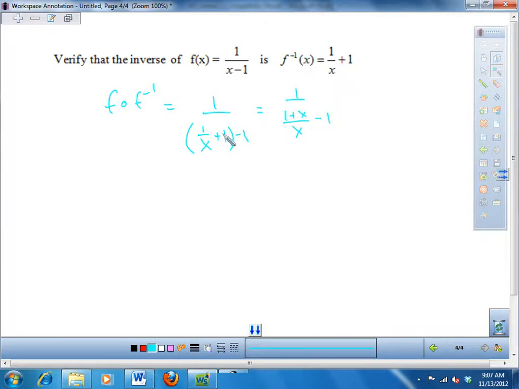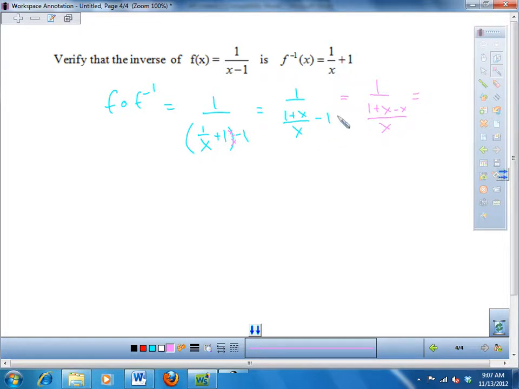I multiplied this 1 by x over x, and that gives me 1 plus x, that whole thing over x. And now I'm going to multiply this by x over x, which gives me 1 over 1 plus x minus x, that whole thing over x.